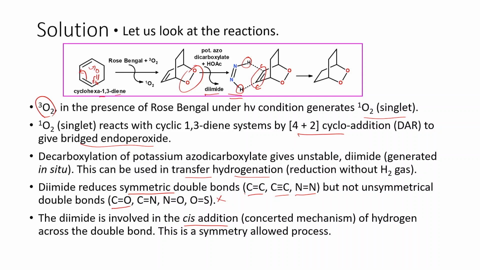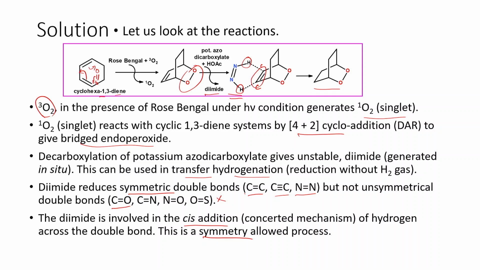Like when metal catalysts are used for hydrogenation, there also we get cis addition. Similarly, the diimide reaction also gives a cis product. In this case, it is a symmetry allowed process, and the hydrogens are transferred on the same side, that is, in a cis fashion, and we end up with the reduced product. So this is the overall reaction that is happening here.